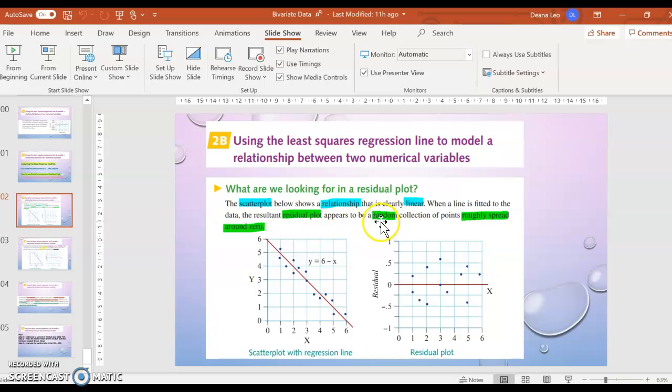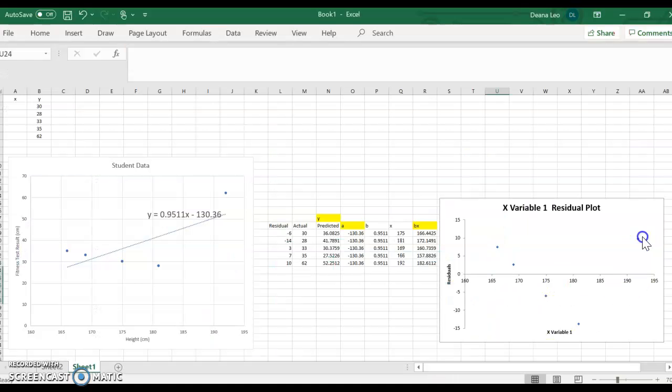Use words like randomness around the 0, or that the points are roughly spread around the 0, like this. Okay, we probably just don't have enough dots in there to show a nice scatter. It looks a bit bellish at the moment, but it is linear data. We only had a few dots to work with for our example.